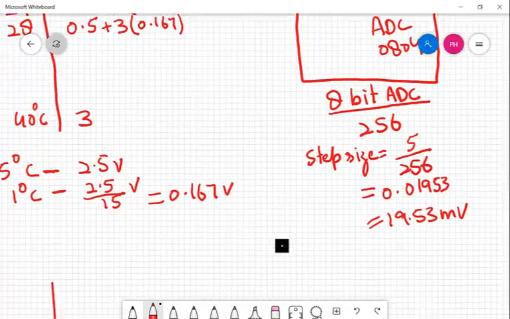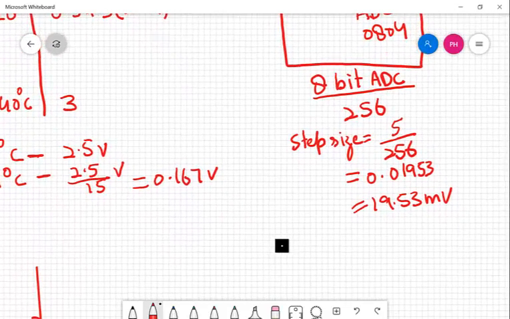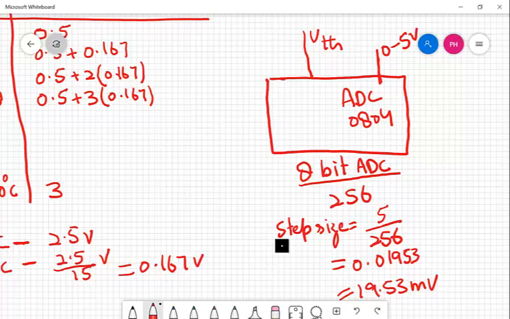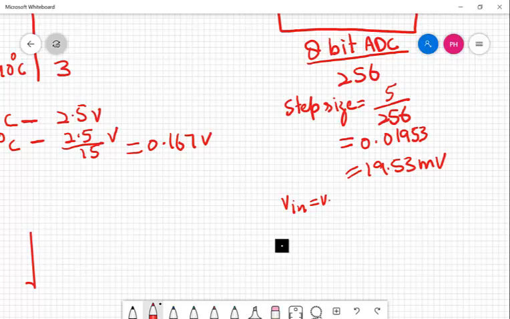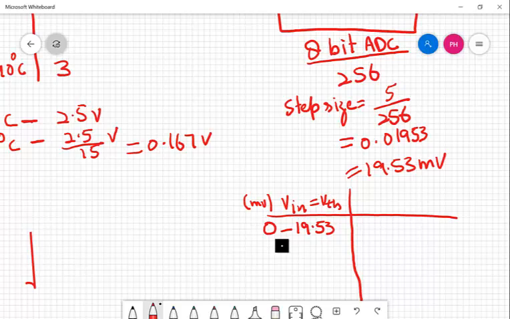So that means when the input voltage V in, that's VTH, when it will be between 0 to 19.53 millivolts, the output of ADC will be 0 0 0 0 0 0 0 0, 8 zeros, or we can simply say 0.